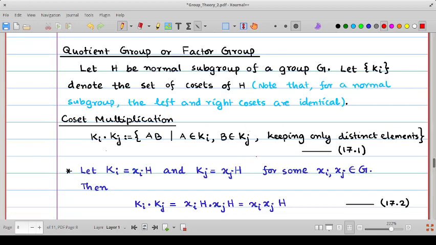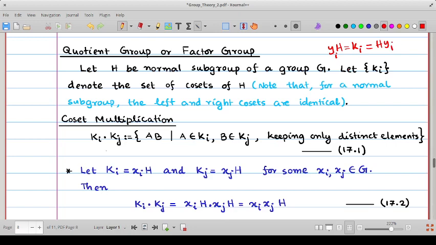Next, we discuss quotient groups or factor groups. Let H be a normal subgroup of a group G, and we consider the cosets of H, and we denote them by K1, K2, K3, etc. So the set Ki denotes the cosets of H. Now, it's a normal subgroup and therefore the left coset Yi H, which we may denote as Ki, will be exactly the same as H times Yi, the right coset.